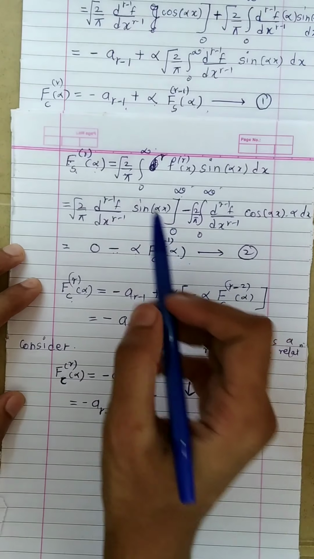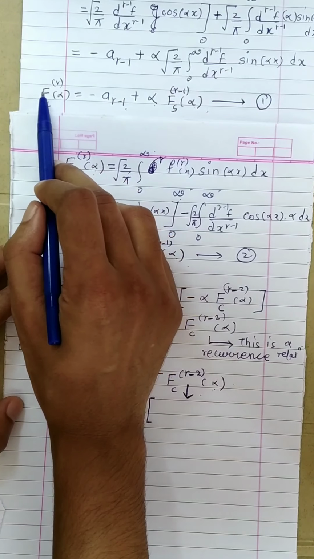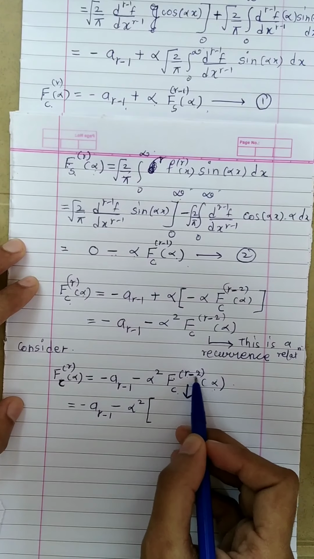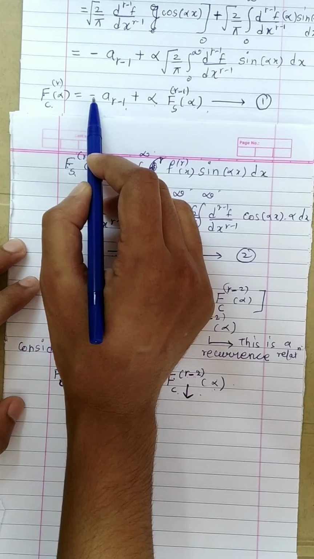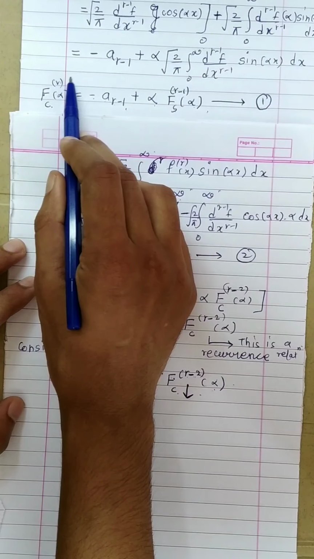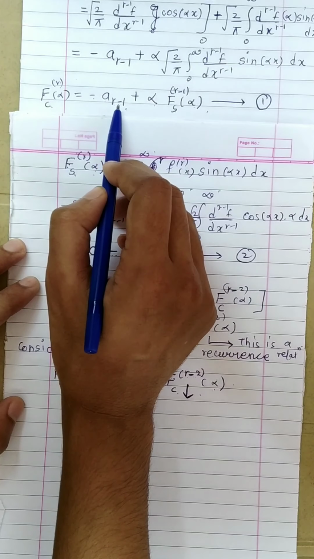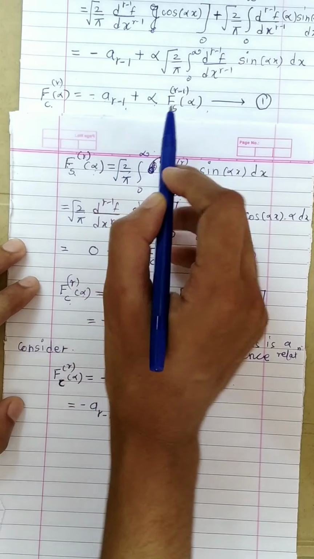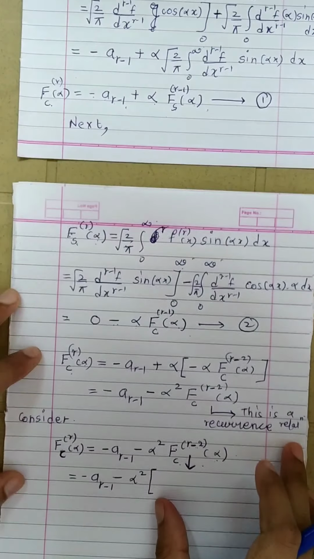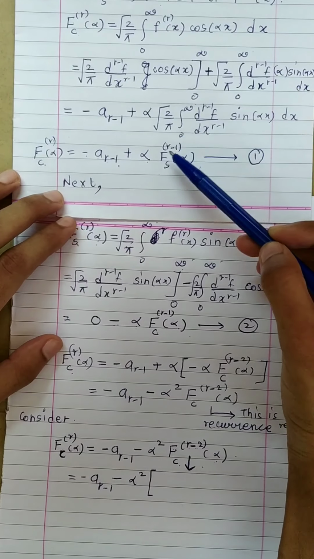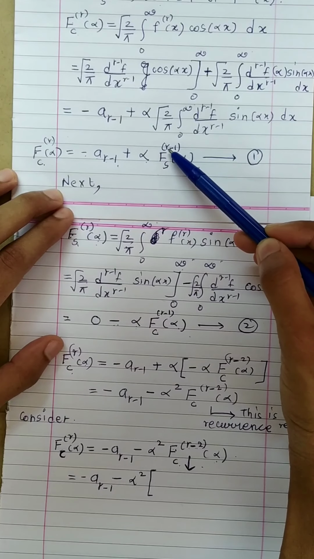You can see here, the Fourier cosine of r is given by this. So the Fourier cosine r minus 2 will be, if it is r minus 2, this will become a r minus 3 plus alpha into the Fourier sine transform of r minus 2.